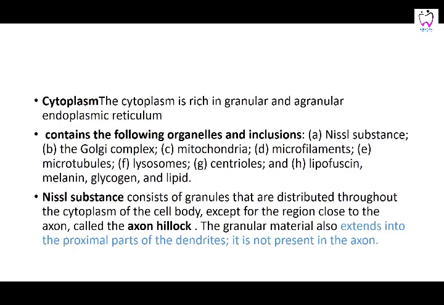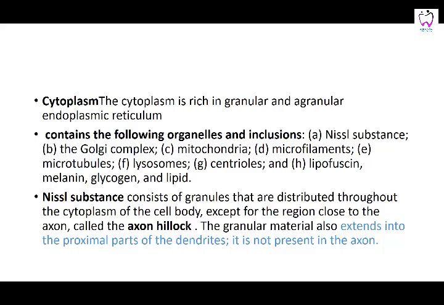Cytoplasm is rich in granular and agranular endoplasmic reticulum. It contains all its organelles, Nissl substances, Golgi complex, mitochondria, filaments, and so on. Nissl substances are a collection of granules distributed throughout the cytoplasm. They are basically a collection of ribosomes, and there is one area at the beginning of the axon where these Nissl substances are absent, called the axon hillock.